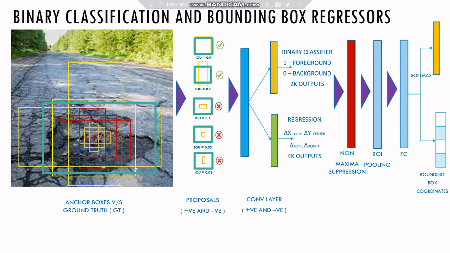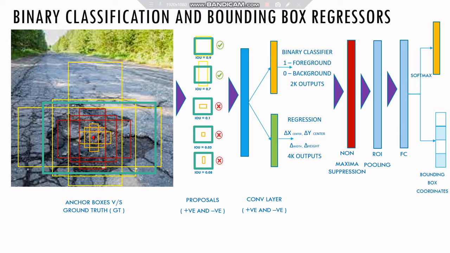Now let's tie all these things which we have seen for Faster RCNN together. First, we saw that you have an image, and from the image you extract features. So we have feature maps, which are basically an output from a CNN layer, any kind of CNN layer. It could be a VGG or a ResNet.